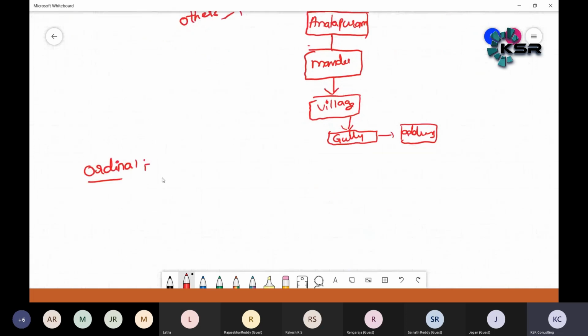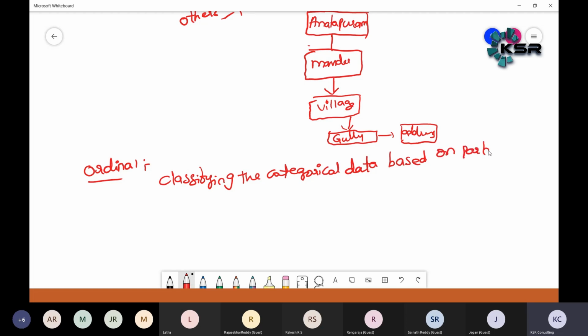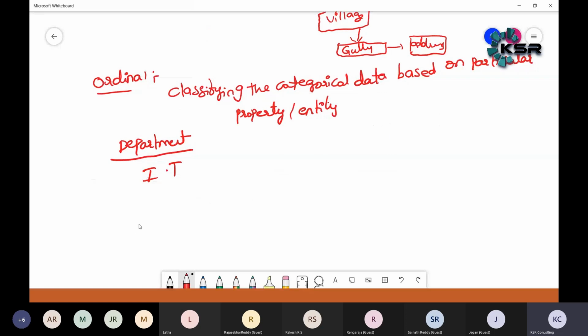Ordinal is classifying categorical data based on a particular property or particular entities. For example, we have departments: IT department, sales department, HR department, finance department.